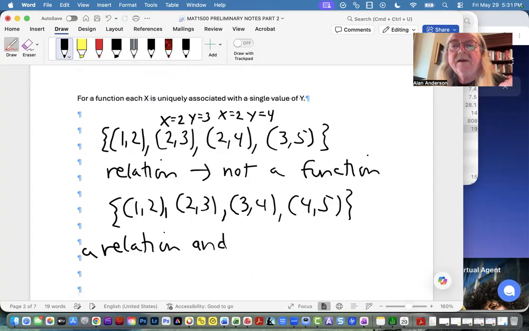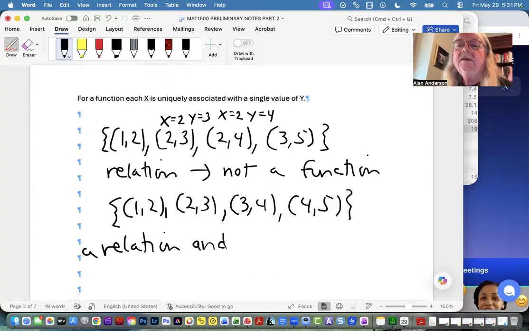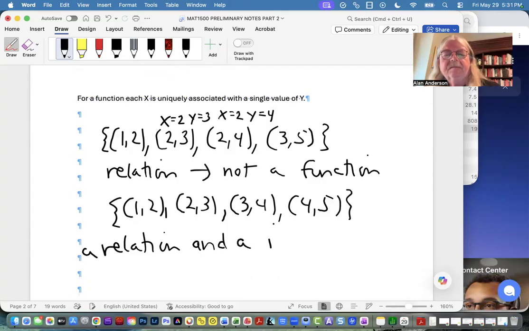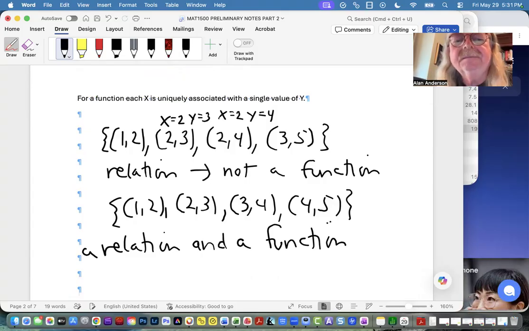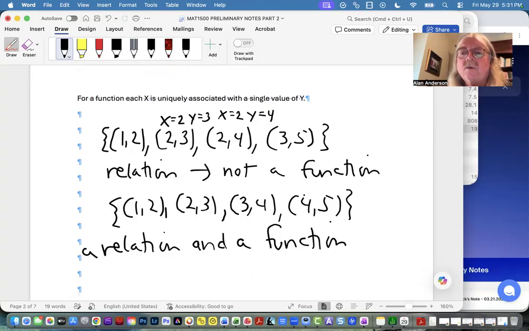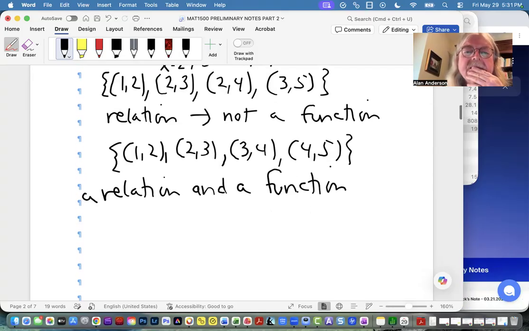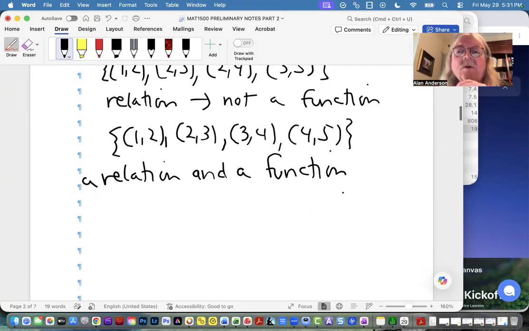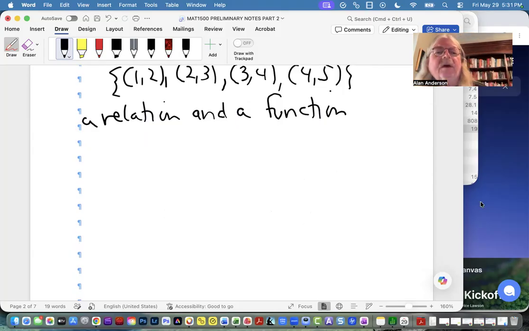Any set of ordered pairs is automatically a relation, but we have to test to see if it's also a function. And again, the whole idea here is that each x is associated with one y and no more, exactly one.